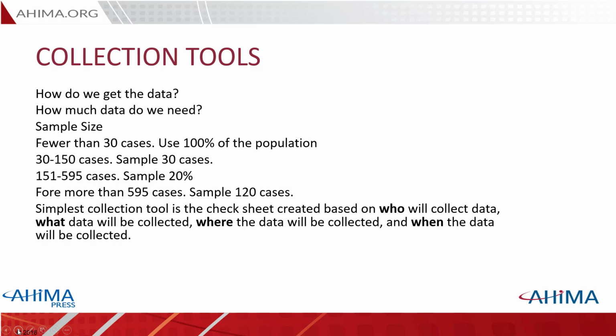But again, that's our opinion. So what we need to do is to collect the data that turns that opinion into a fact. So the check sheet is going to be created with who will collect the data, what data is going to be collected, where the data will be collected, and the time frame over which we're going to do that collection.